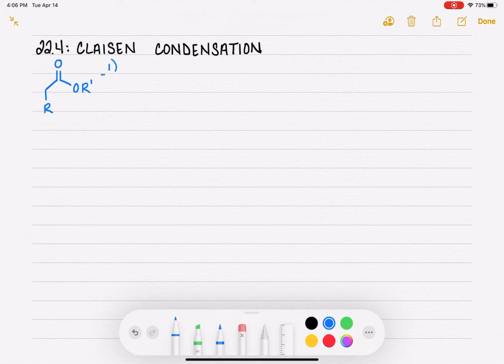This reaction uses a strong base, an alkoxide that has an R group identical to that of the ester, the OR group. They have to be the same, and we'll talk about why. So that could be like OCH3, OMe, OEt, something like that.